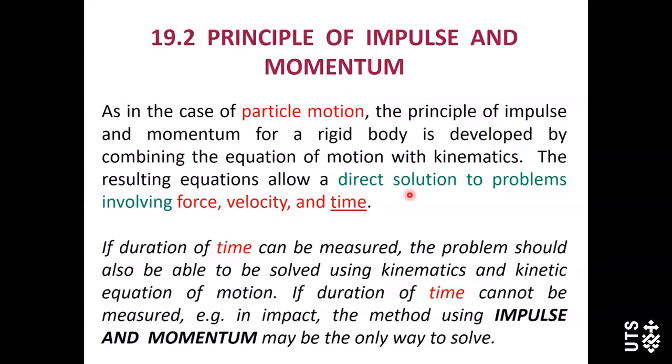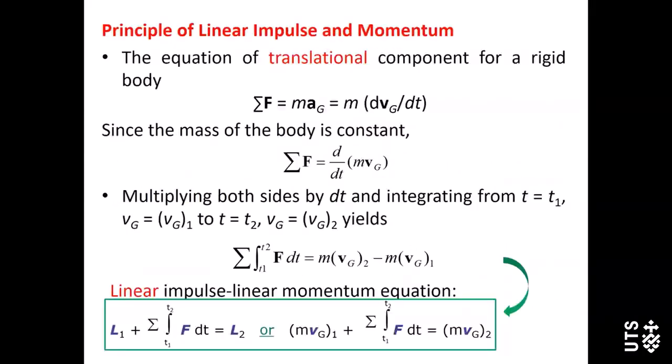If duration of time cannot be measured, for example, in an impact problem, the impulse and momentum method may be the only solution. The procedure of obtaining principle of linear impulse and momentum is similar to that in particle dynamics.